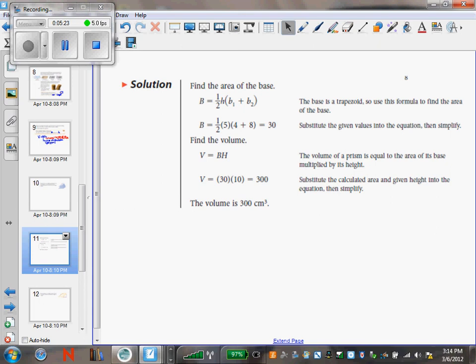You can check your answer. The area of the base was a trapezoid with a height of 5 and the two bases were 4 and 8. So we plug big B into the formula. The whole height of the figure was 10. So our volume is 300 centimeters cubed.